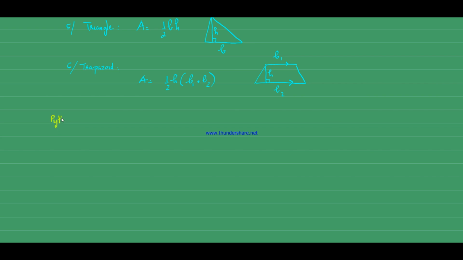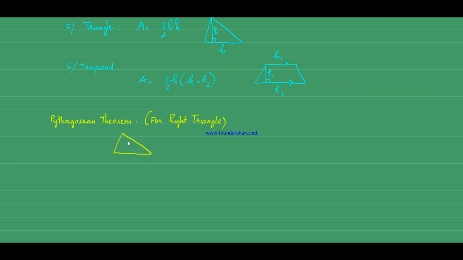The Pythagorean theorem only works for the right triangle. Okay, for right triangles only. So the Pythagorean theorem gives you the relation between the three sides of a right triangle.